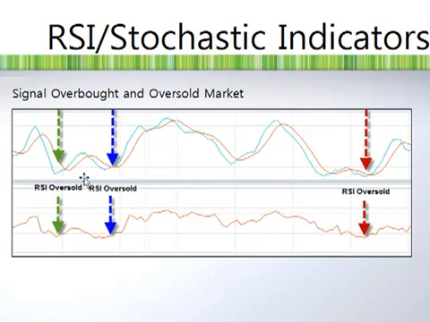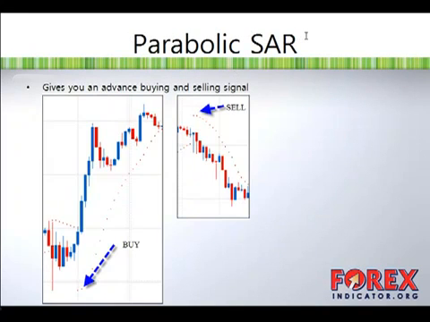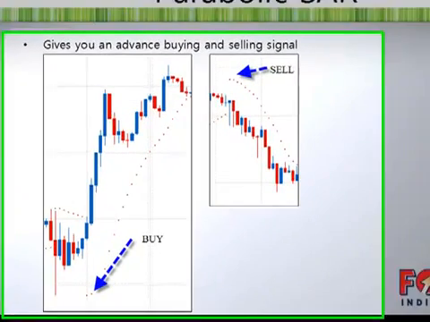If it's oversold, you can see here, it's a good time for us to go long. So these two oscillators determine whether the price is going to move up or down by telling us the market is now very oversold or very overbought.